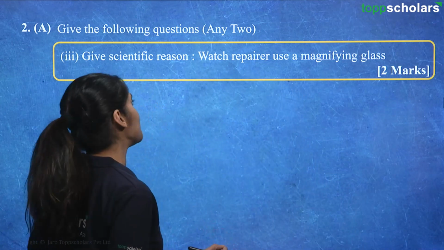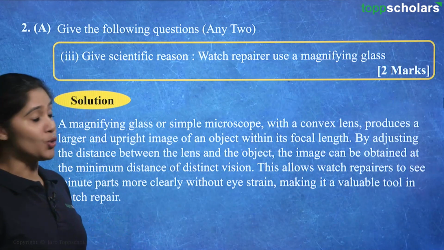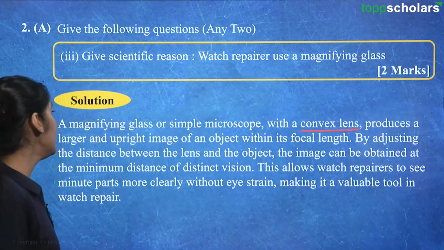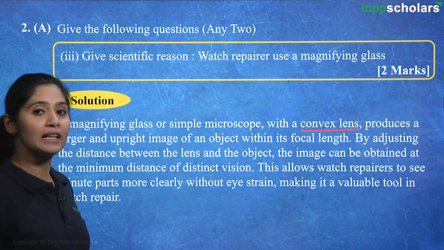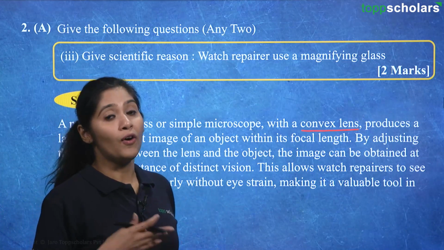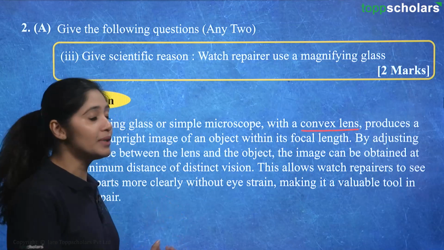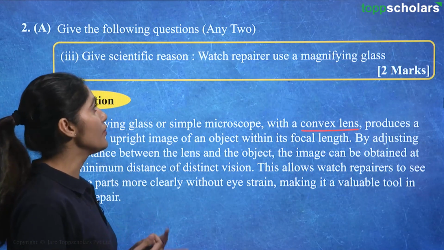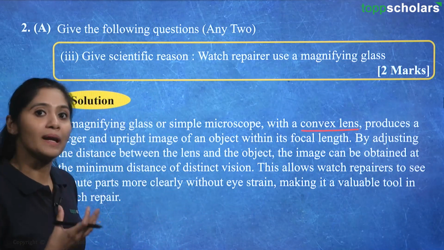Let's see the solution. A magnifying glass or simple microscope with a convex lens produces a larger and upright image of an object within its focal length. So, we have studied the formation of image for convex and concave lenses. So, the simple microscope or the magnifying lens that the watch repairer uses produces a larger and upright image.